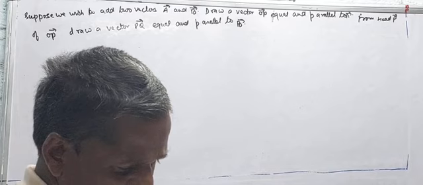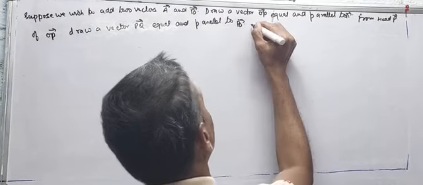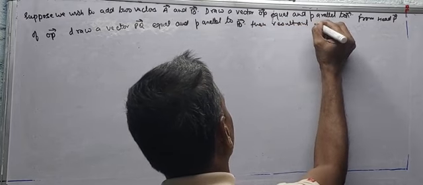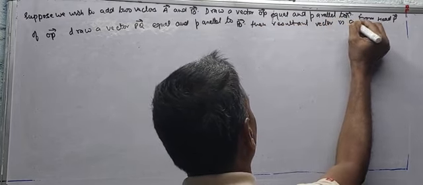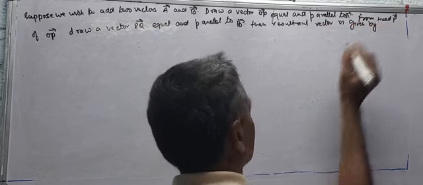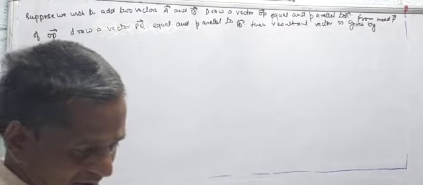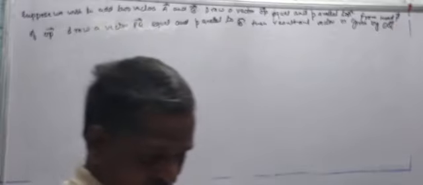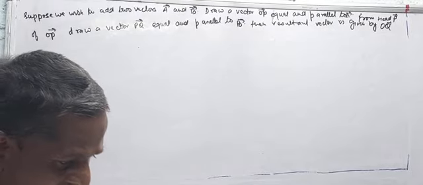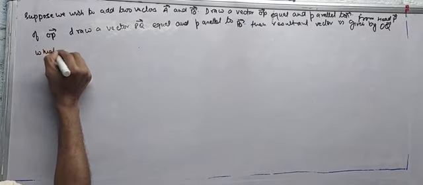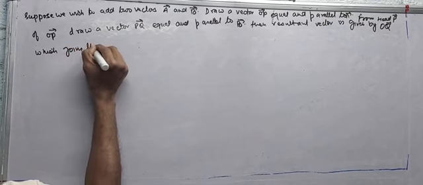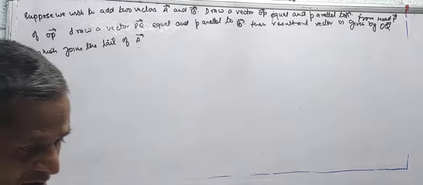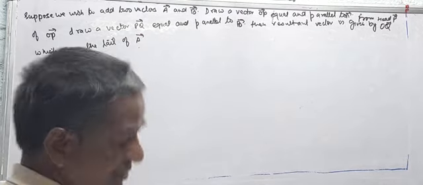Then the resultant vector is given by OQ vector, which joins the tail of A vector and the head of B vector.